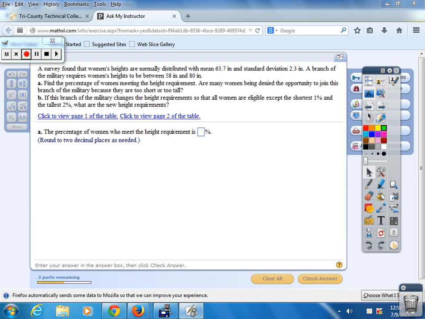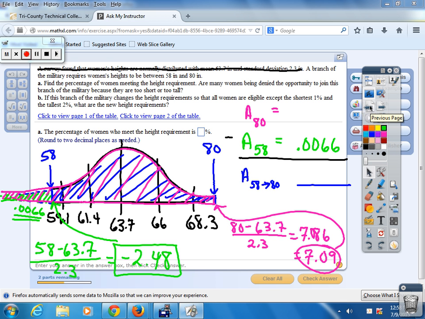I know y'all think I'm a lunatic. I'm trying to do all this in my head. 0.9999. So if you're doing this by hand and by the tables, you find 0.9999 minus 0.0066, 0.99 what? It's a miracle. 0.9933.